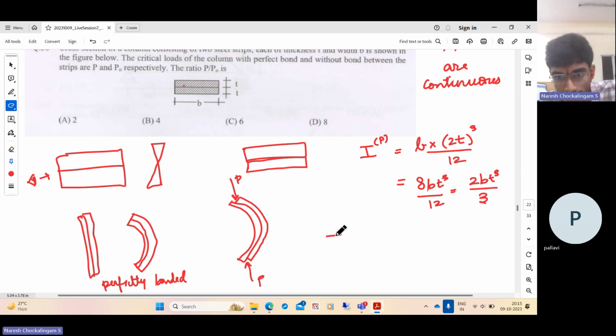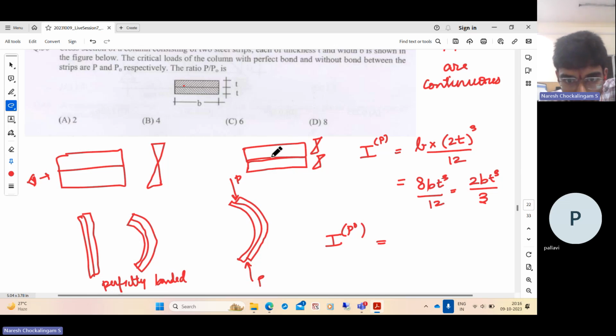In the other case, where they are not perfectly bonded, the moment of inertia is of two individual beams. So if it is not perfectly bonded, this will have a linear distribution, and this will have another linear distribution. But in between, the stresses are not continuous. The stresses at the interface are 0. There is no continuity of stresses.